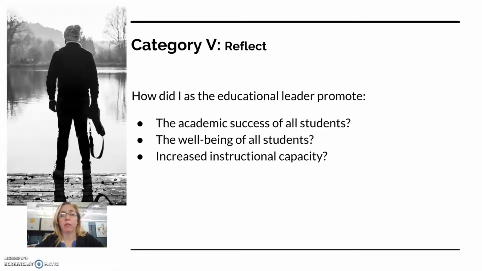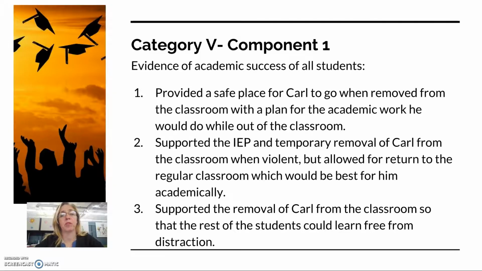So looking through this whole case study, how did I promote academic success of students, the well-being of the students, and then increase instructional capacity? So as far as evidence of supporting academic success, I think by providing Carl a safe place to go and work on his academic work would promote his success academically, and it would help him not to miss much when he is removed.